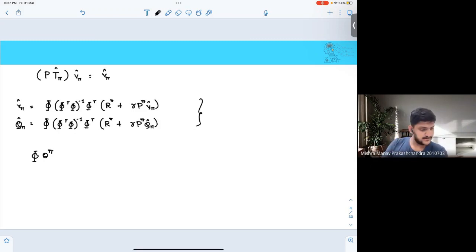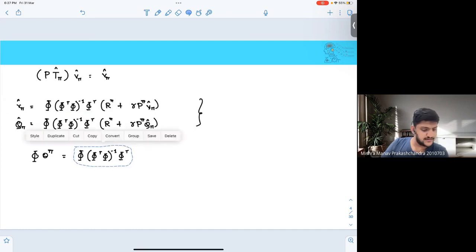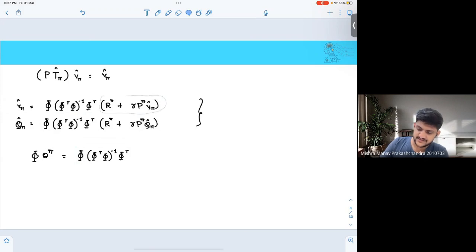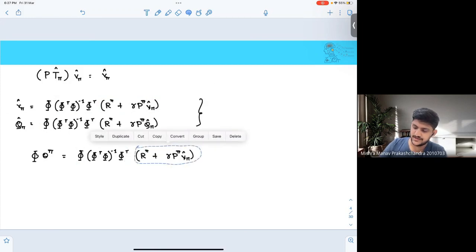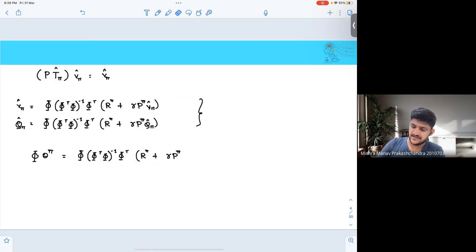It equals this big equation, this quantity, plus I copy this quantity as well, and here also I should replace my v pi with phi times theta pi.